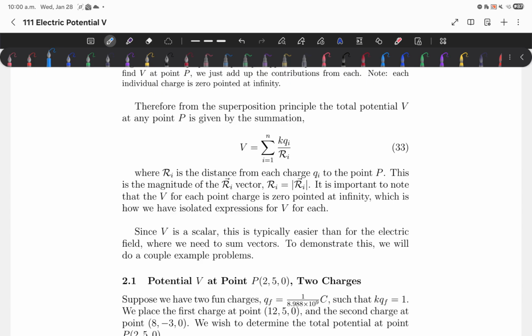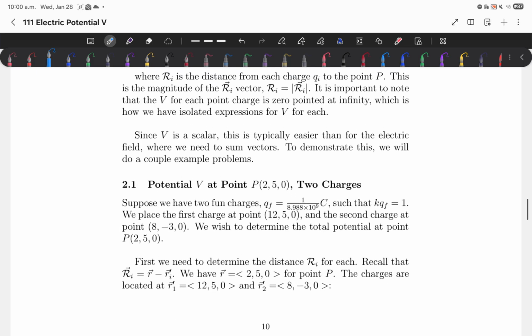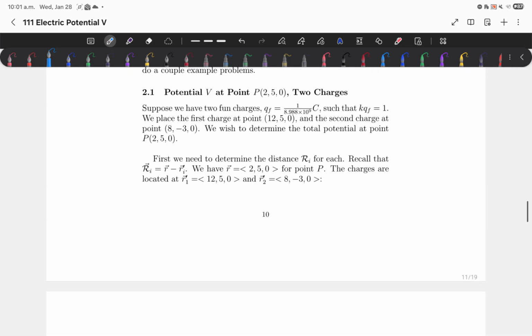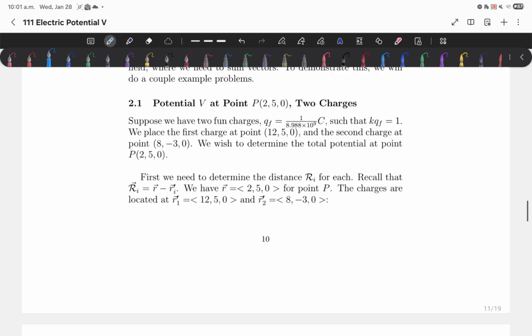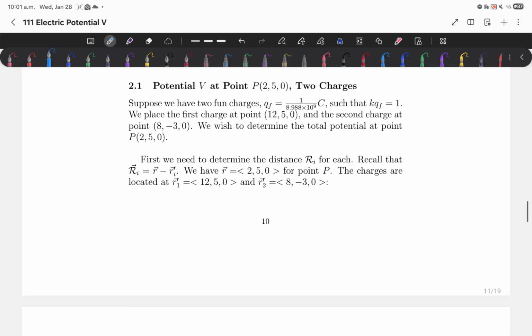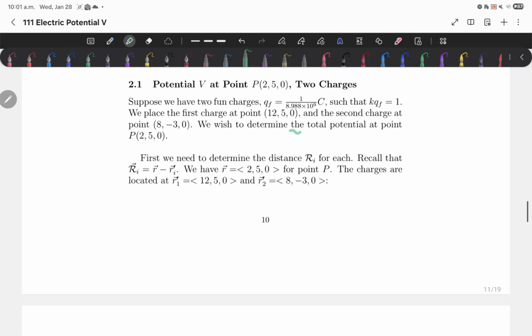All right, so let's do an example problem to see how this works. Let's find the total potential V at point 2, 5, 0. So we're going to have two charges. This could just as easily be an electric field problem, what we're doing for potential. We'll have two fun charges, so each of them, kq is 1. We place the first charge at the point 1, 2, 5, 0.